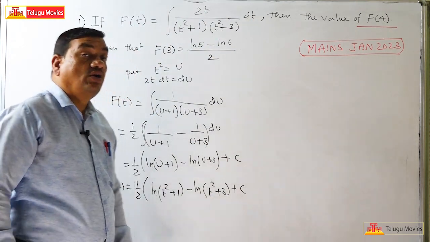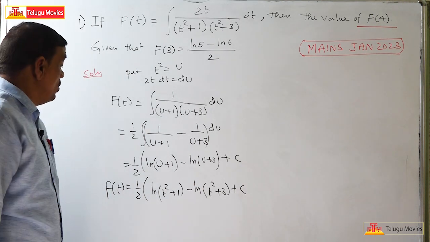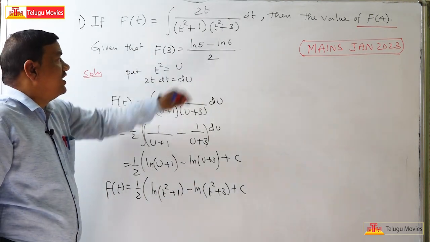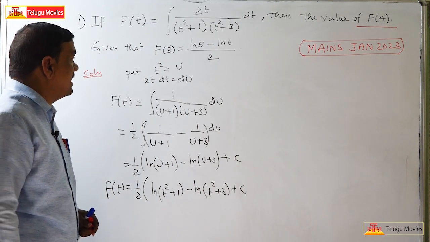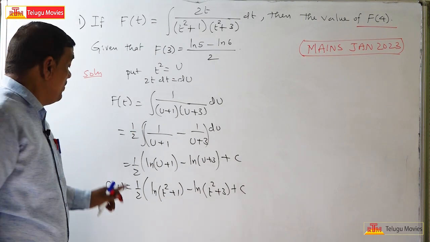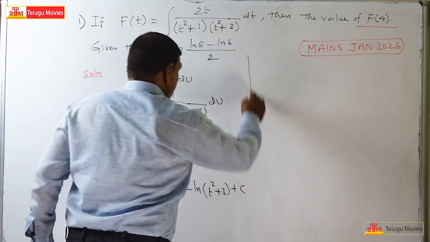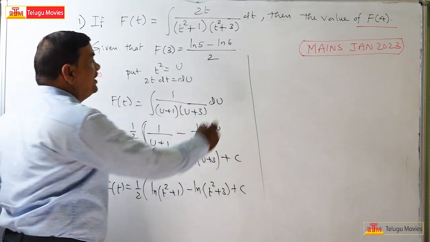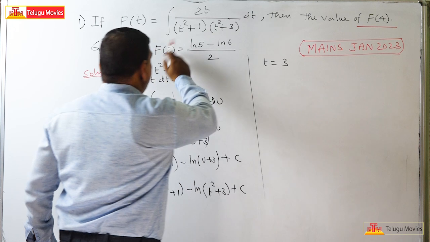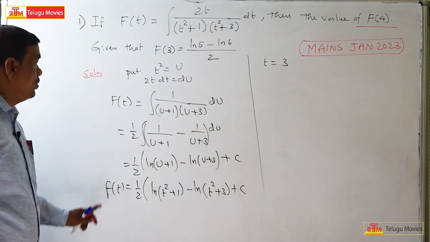Now we have to find out c. To find c, what is given? f of 3 is equal to ln 5 minus ln 6 by 2. So wherever t is there, substitute t equal to 3.